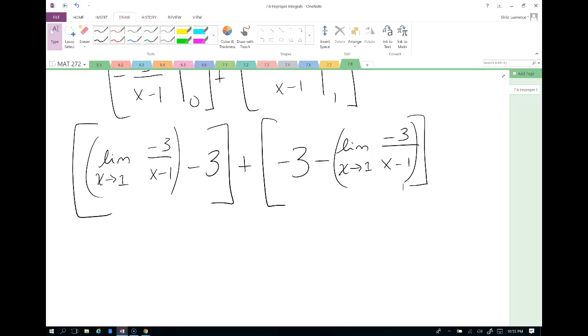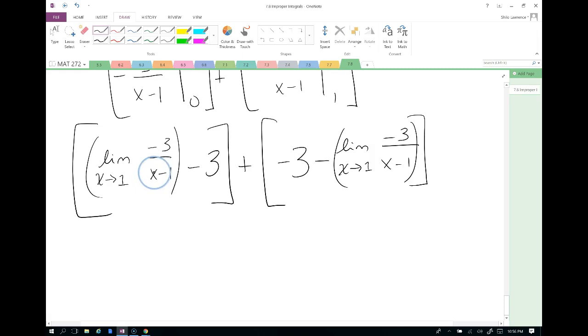So if you look at this limit, the limit as x approaches 1 for negative 3 over (x minus 1), that is still infinite. This is still a problem. I still can't plug 1 in there. Usually when we do limits, we just try direct substitution. If you plug 1 in, you're still being asked to divide by 0. If you plug a value really close to 1, like 0.9 or 1.1, let's do 1.1 just for the sake of coming out positive.